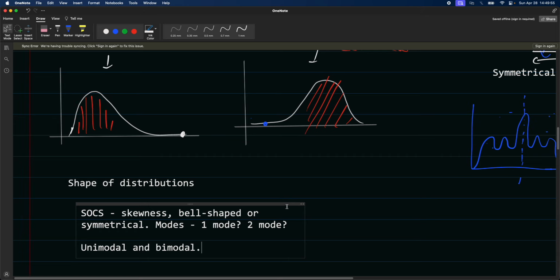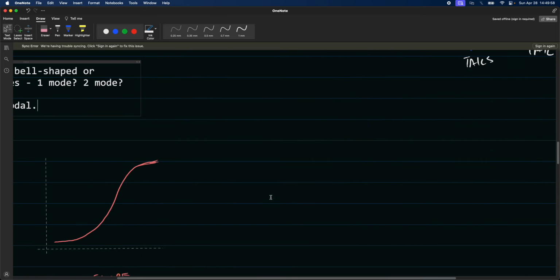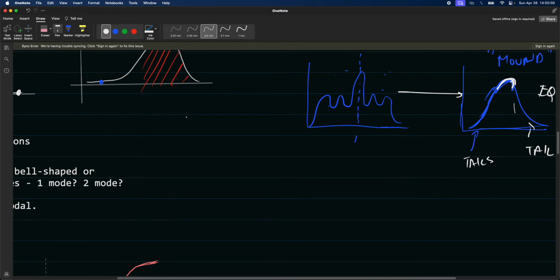Gaps and clusters mean, say I have a distribution like this. Now this part is a gap. There's nothing here, right?